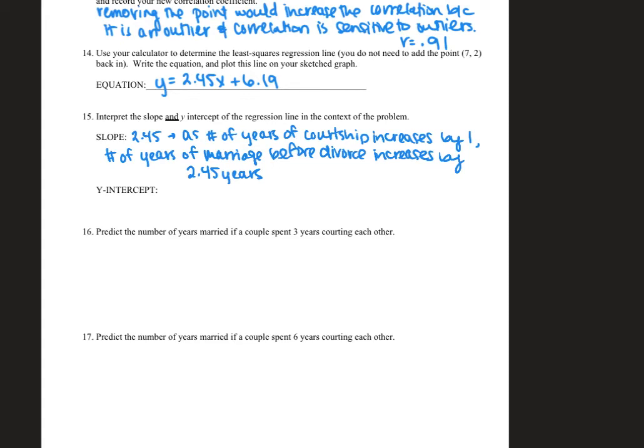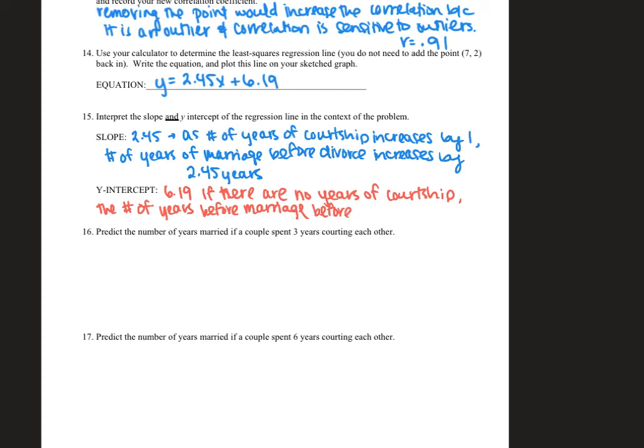For the y-intercept, it's 6.19, and the interpretation is if there are no years of courtship, the number of years before divorce is 6.19 years.